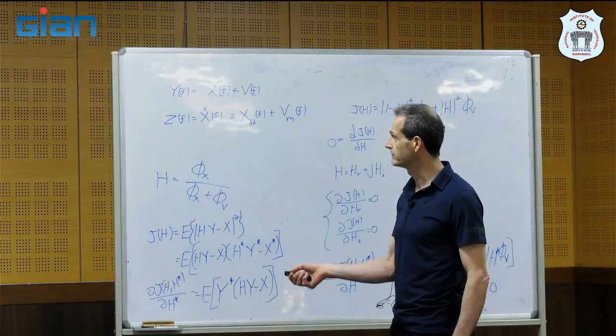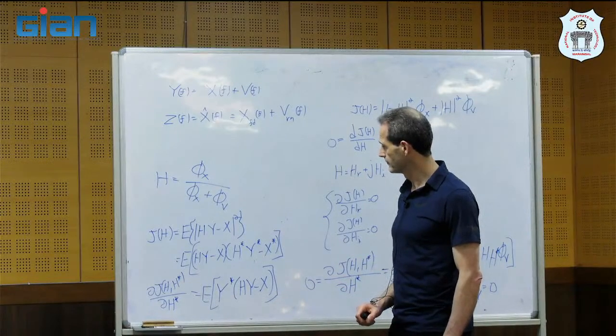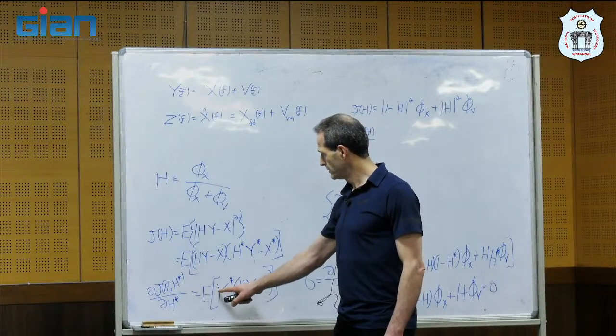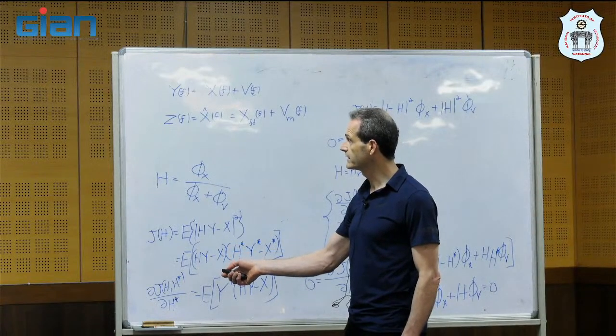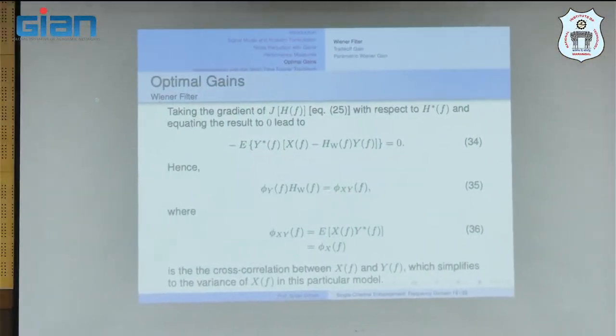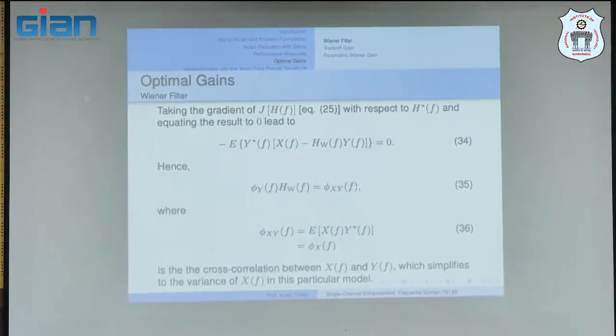Okay, so this is what we have. Then H times the variance of Y equals the cross-covariance between X and Y. So we can find that H is the covariance of X and Y divided by phi_Y, which is the same as this.